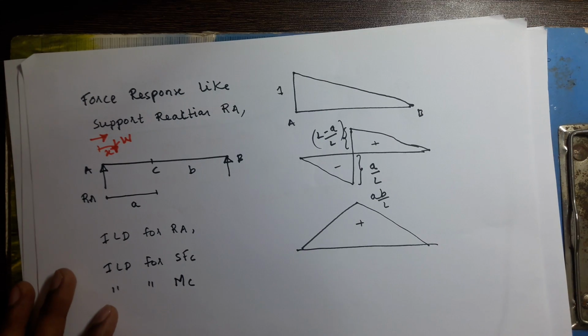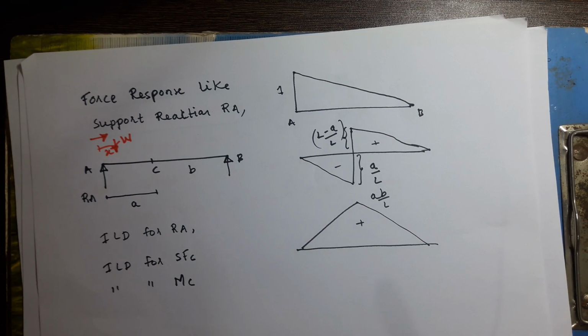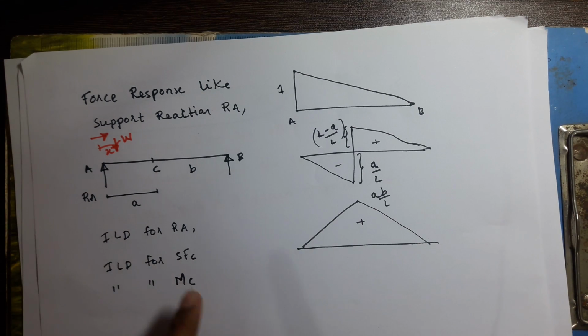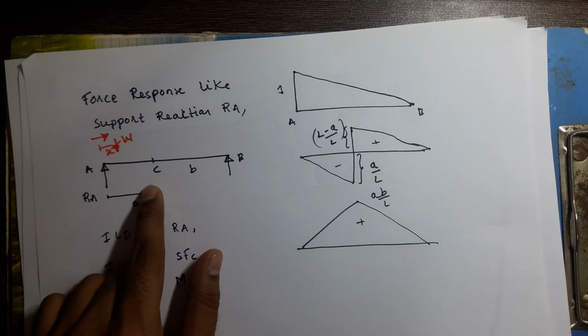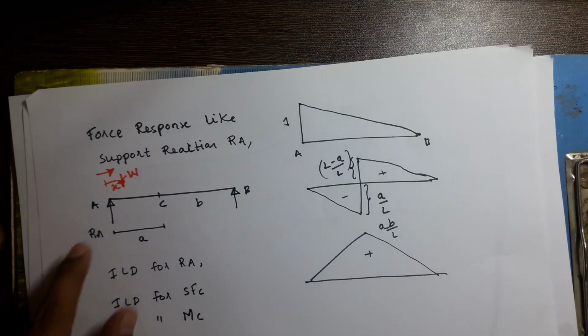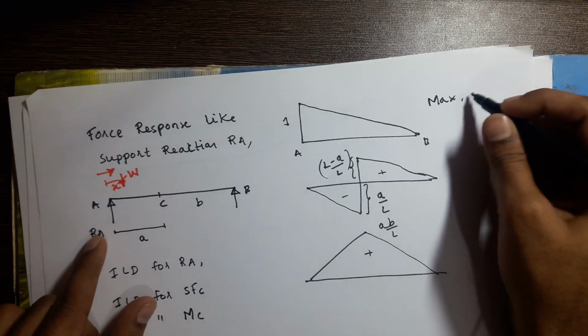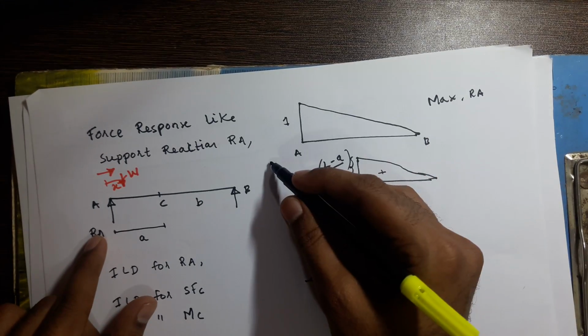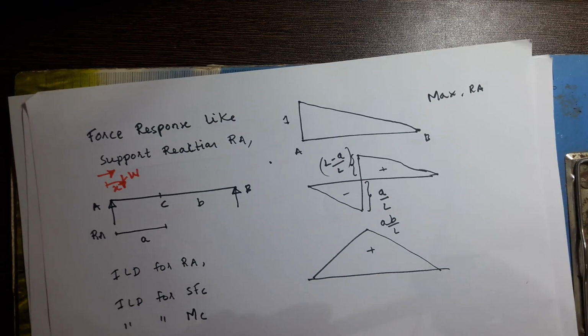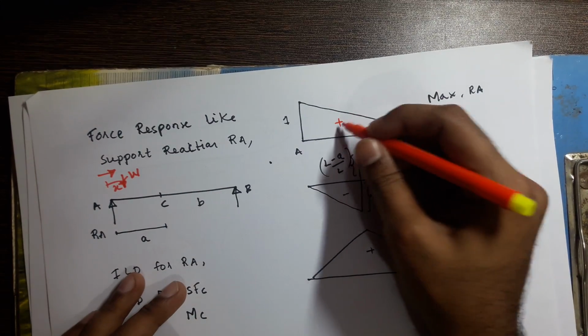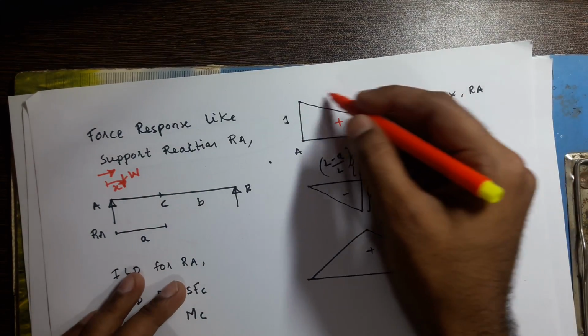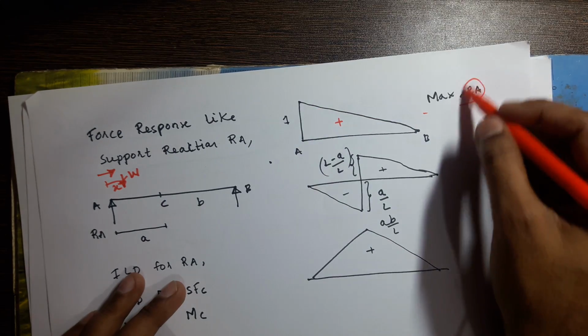So our aim is to find maximum responses, maximum RA, maximum shear force at C, maximum bending moment at C. So where we have to place this load so as to calculate maximum RA. For that you have to draw influence line diagram for RA. This diagram is influence line diagram for RA.